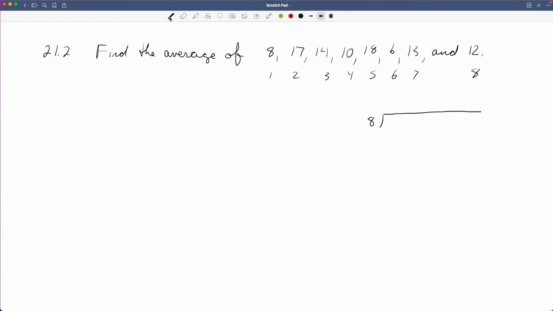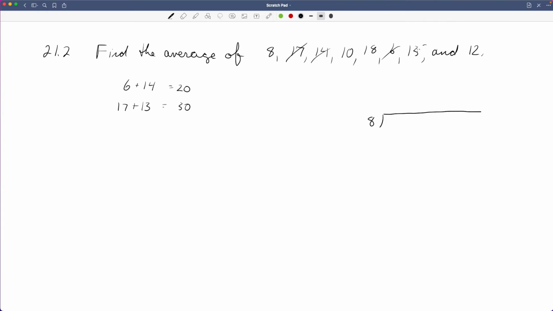All right, so now that I know how many numbers we have, I am going to add them together. And I'm just going to group them together in a way that makes the most sense. So I have 6 plus 14, that equals 20. All right, that's that one and that one. I have 17 plus 13 equals 30.